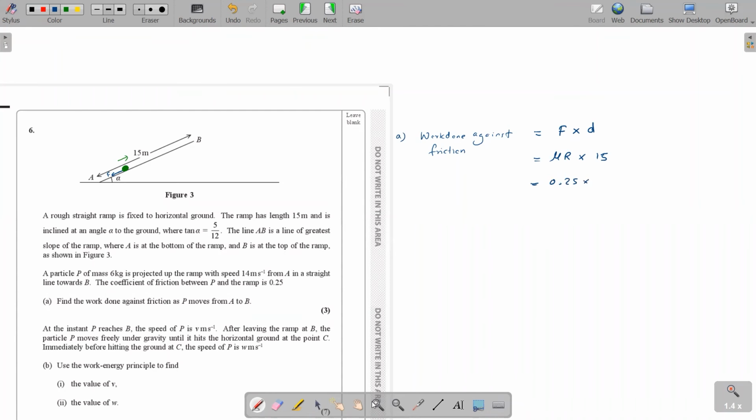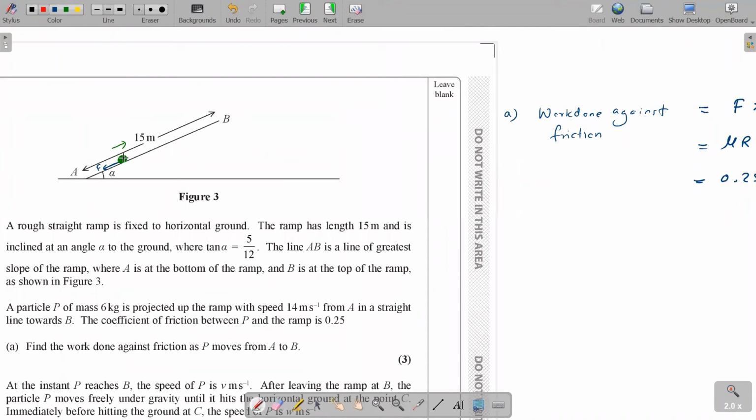Can I know how much the normal reaction is here? Your normal reaction is like this, right? This is the normal reaction. What are the other forces here? You have the weight, so you have the mass 6g, and from it you can get the components. Here this is 6g cos alpha, and the other side we have 6g sin alpha.